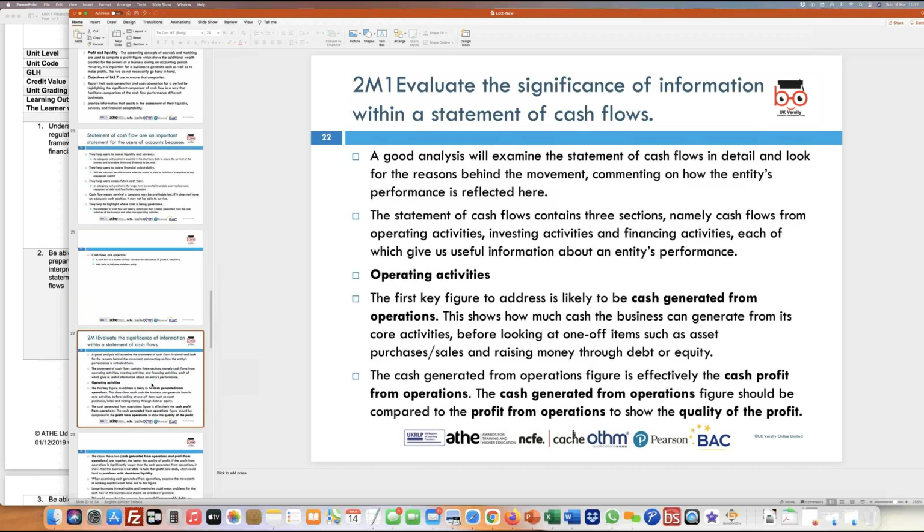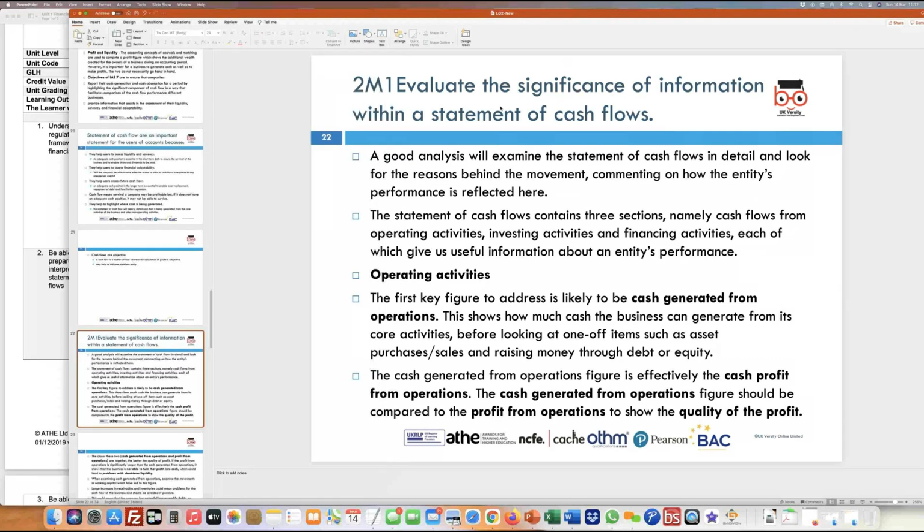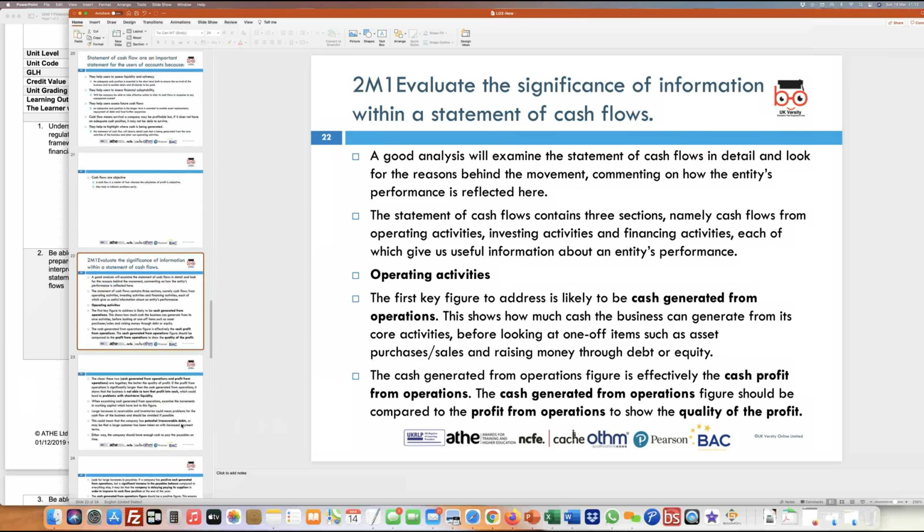Is that okay? Yeah. Now, there are 2 additional criteria in this particular task. One is a merit criteria and the other is a distinction criteria. The merit criteria talks about evaluating the significance of information which is given in a cash flow statement. This would again refer us back to the 3 key sections of the cash flow statement that we generate, which are basically related to the operating, the financial and the investment activities.